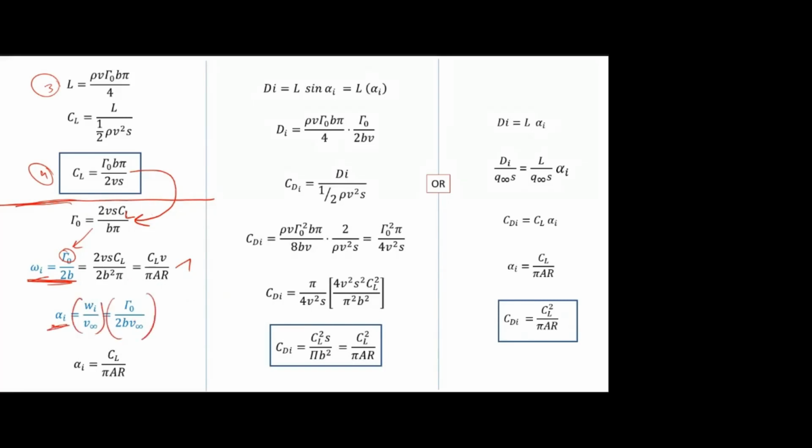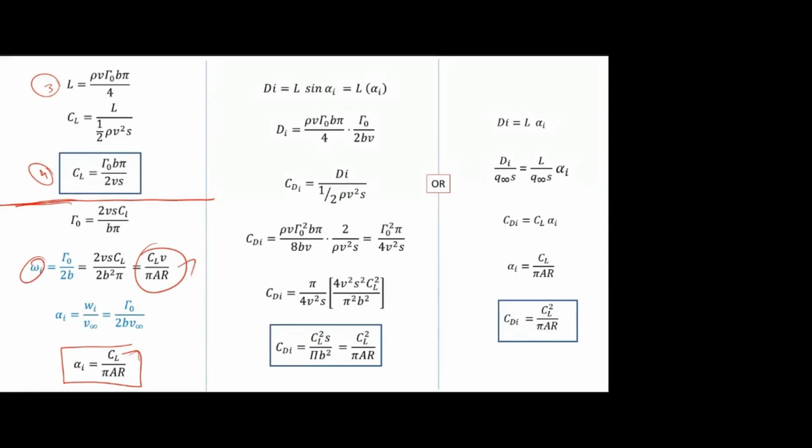You can substitute gamma naught here, or you can substitute this wi here, anything is okay. If you simplify, you will get this equation. So they have written alpha I and wi in terms of CL, these additional steps.